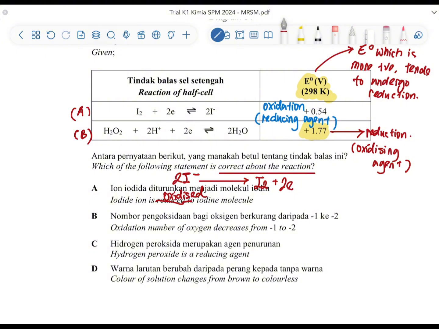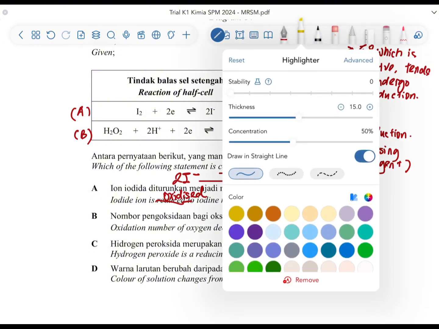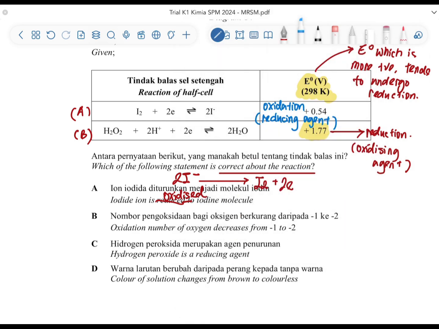number of the oxygen decreases from -1 to -2. So actually it's asking us to find the oxidation value, isn't it? So actually we focus on this H2O2 and the water. So let's calculate for it. So this is before. Okay, this is before.